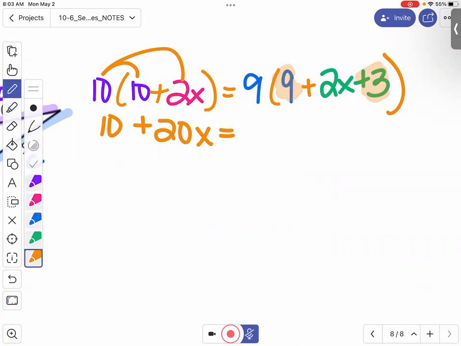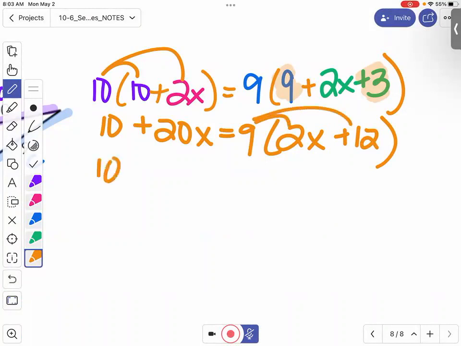So we still have our 9 out front. We'll still keep the 2X, but 9 plus 3 does give us a 12. Now we'll distribute and take care of that. So 100 plus 20X should equal 9 times 2X is an 18X.